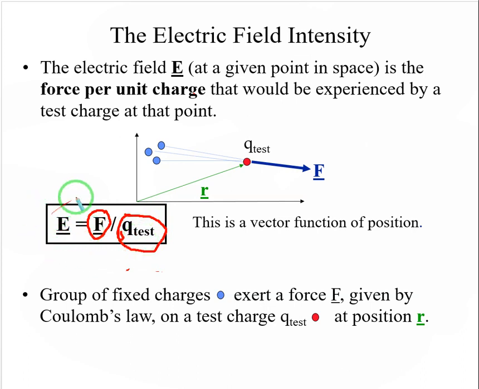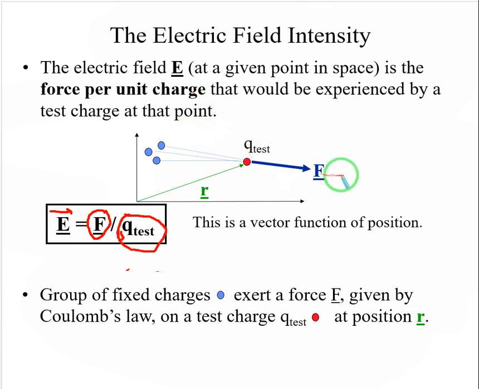Keep in mind, electric field intensity is a vector quantity, denoted by E. The electric field E at a given point is the force per unit charge that would be experienced by a test charge at that point.